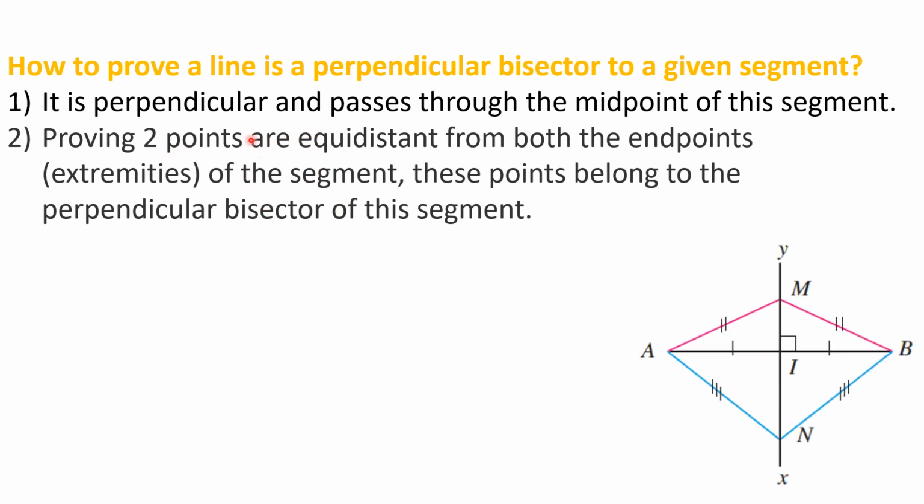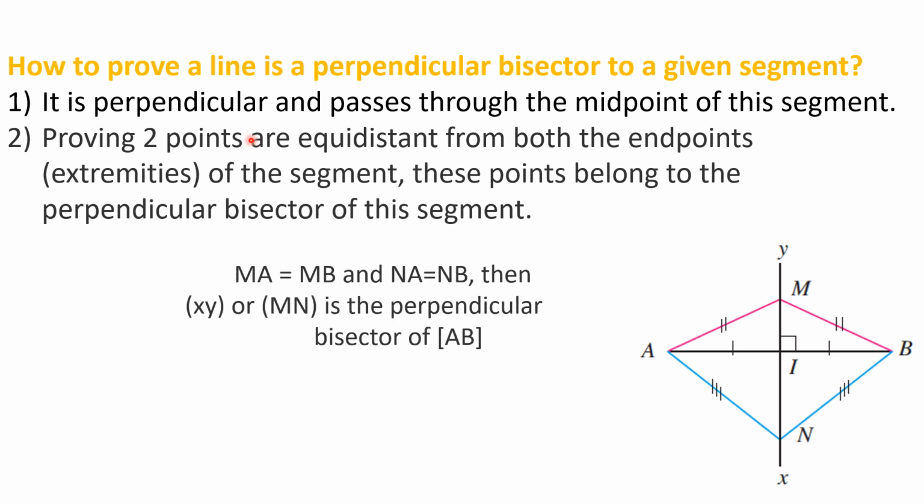Look at the given figure. Here, prove that XY or MN is the perpendicular bisector of AB. Okay, so I want to prove MN. Why is it the perpendicular bisector of segment AB?